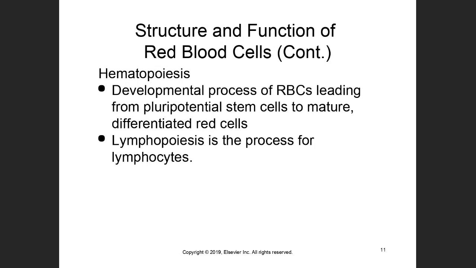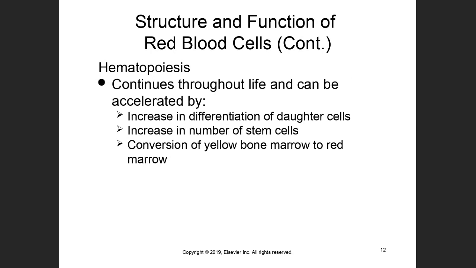Hematopoiesis is the development process of RBC, red blood cells. Okay? Hematopoiesis continues throughout life and can be accelerated by increase in differentiation of daughter cells, increase in number of stem cells, and conversion of yellow bone marrow to red marrow.